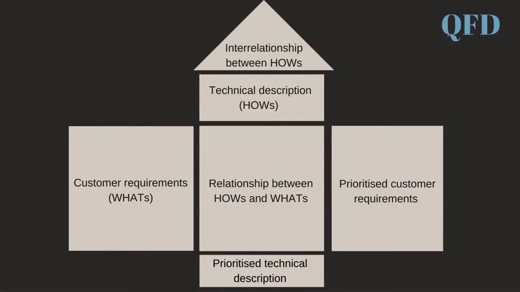In this house of quality, first you interpret customer expectation of the quality of a product into a specific engineering specification. And then you check what happens if you improve this or that element of the engineering specification. What happens if you make the system lighter, or what happens if you make the system stronger?